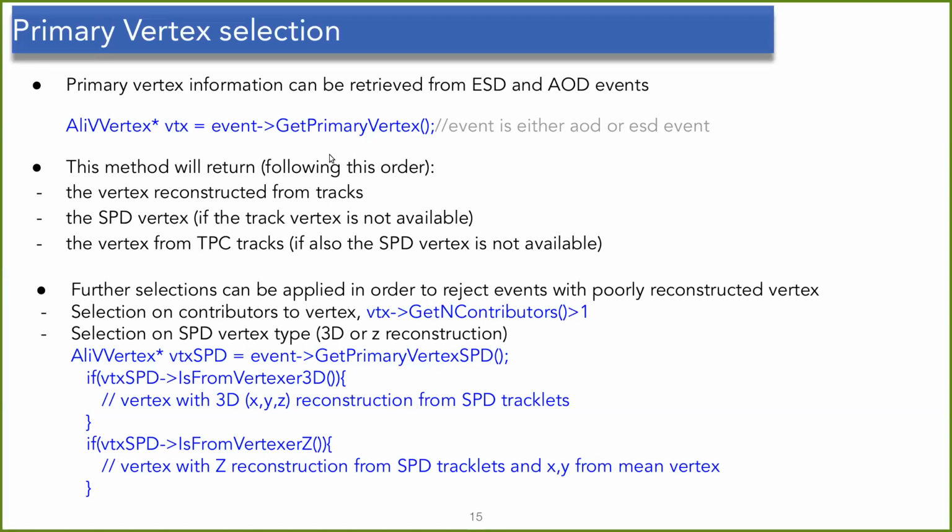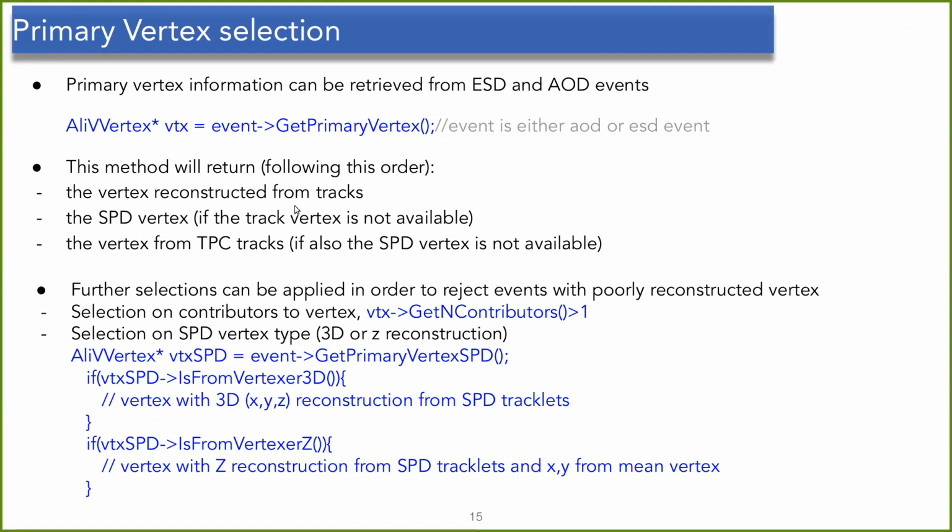The first preference is that it will reconstruct the vertex using the global tracks, that means the tracks reconstructed using ITS, TPC, and TOF, if there is any hit in the TOF. It will give you the XYZ information of the vertex reconstructed from the global tracks.